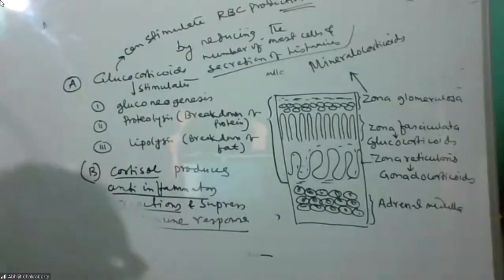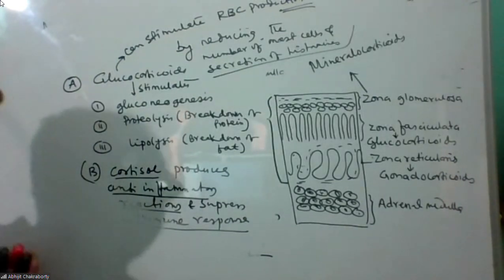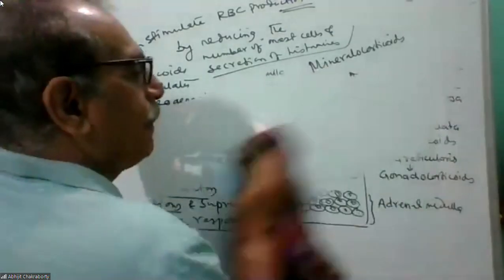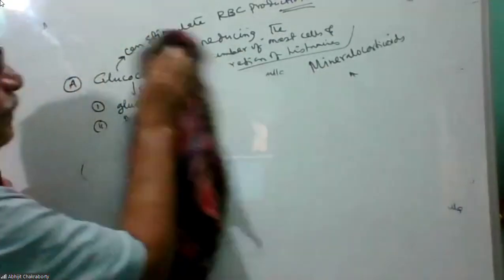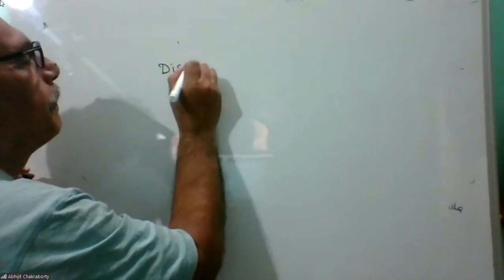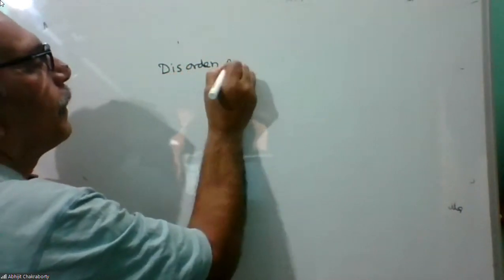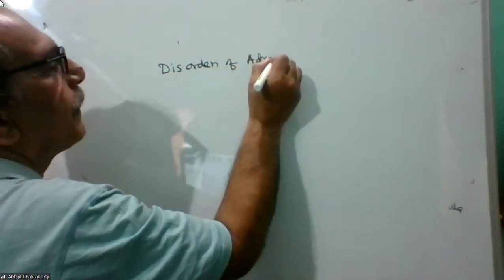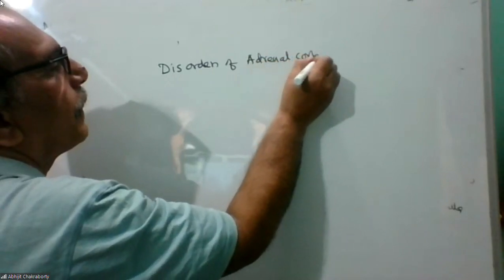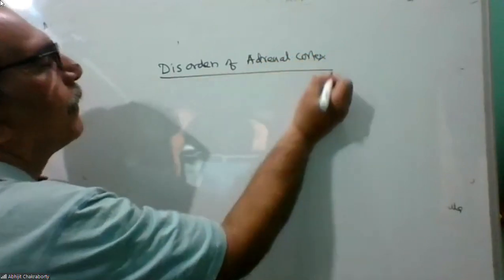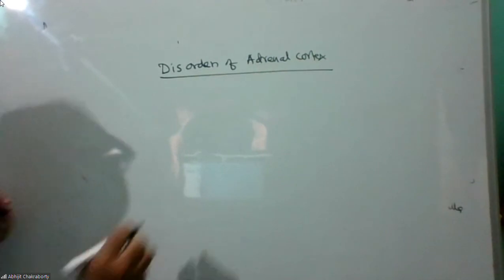So there are 3 diseases you need to remember here, I am telling you. Disorders of adrenal cortex.